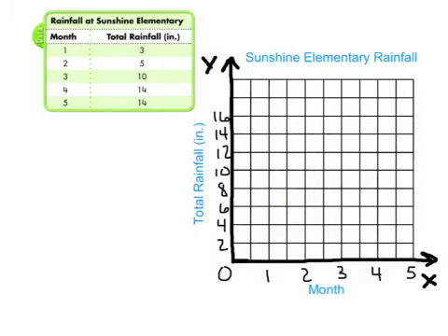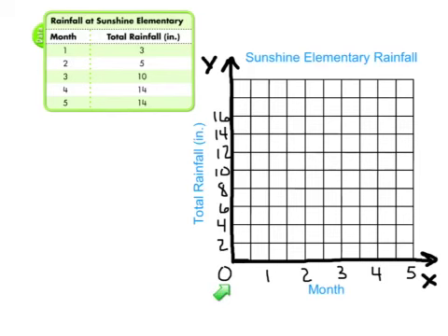Here's the beginning of my graph. I chose as my title Sunshine Elementary Rainfall, which is just a take on the title that's already there in the data table. I labeled my x-axis, the month, and I labeled my y-axis, total rainfall in inches, right here.